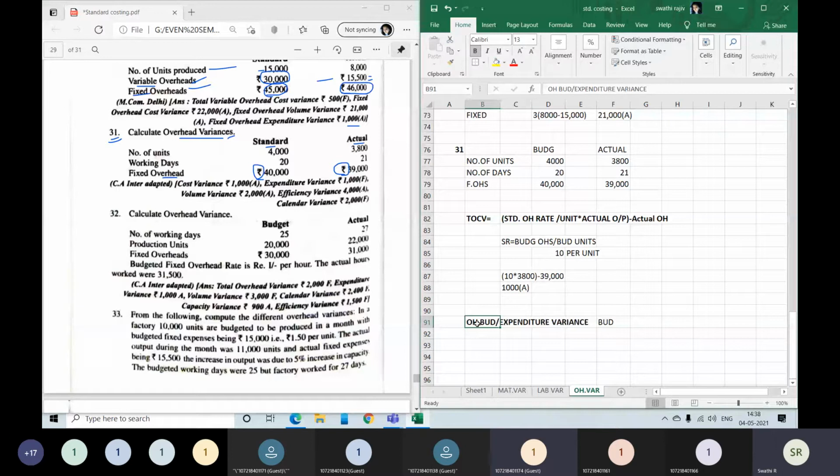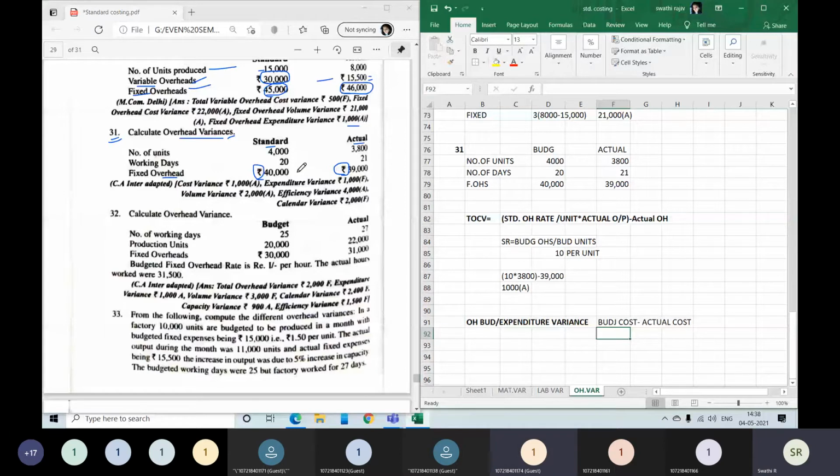The easiest one is your budgeted cost minus your actual cost. I don't know why I always write budget as J, it should be G, but yeah. So what is your budgeted cost? You can find it just from here, you don't have to check anywhere else.